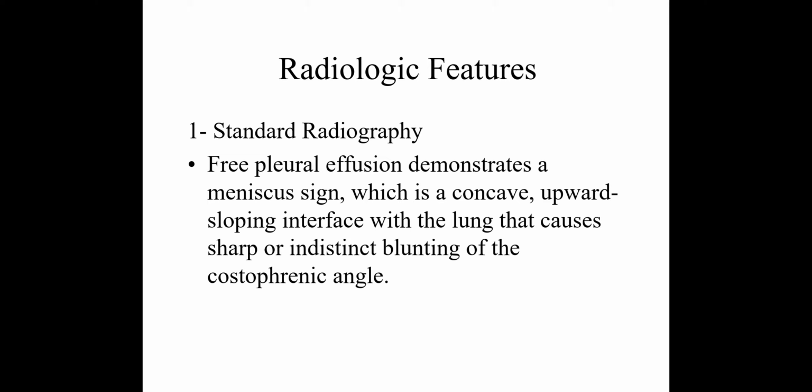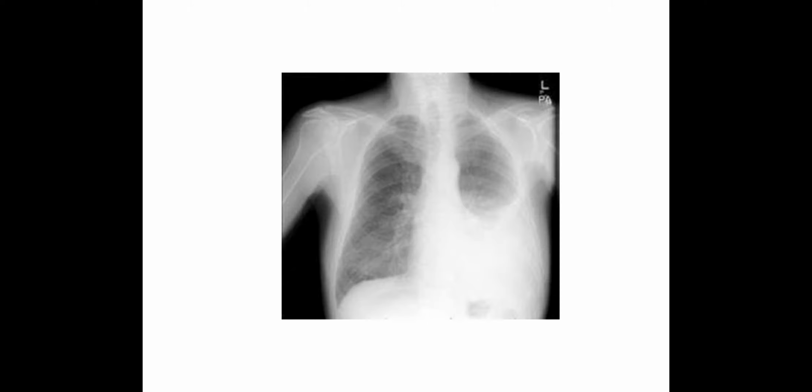Radiological findings: a standard X-ray of free pleural effusion demonstrates a meniscus sign, which is a concave upward sloping interface with the lung that causes sharp or distinct blunting of the costophrenic angle. So the meniscus sign is very important.